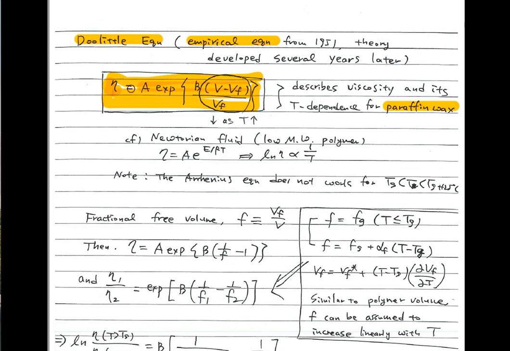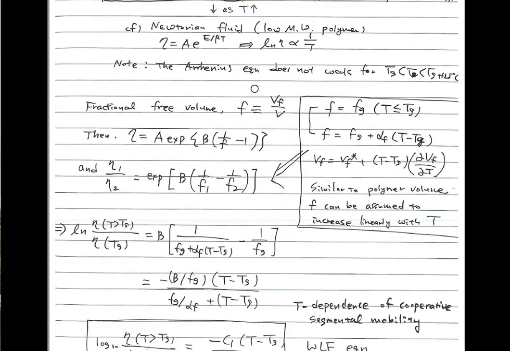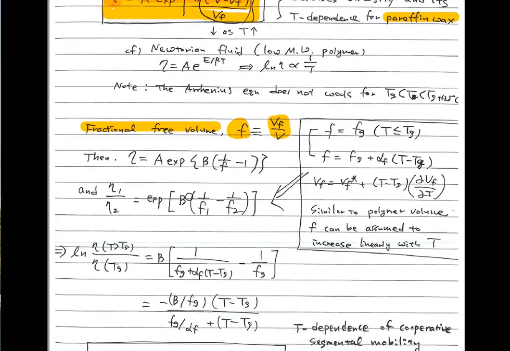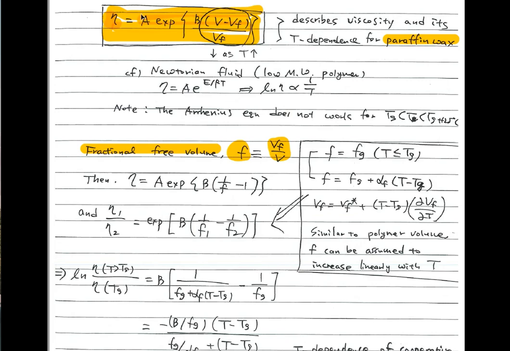So using this equation, since this is the empirical equation, let's define a new variable, fractional free volume, the fraction of the free volume over total volume. Let's denote the fractional free volume as small f, which is Vf over V. Then this Doolittle equation can be changed into this expression if you just put f here.